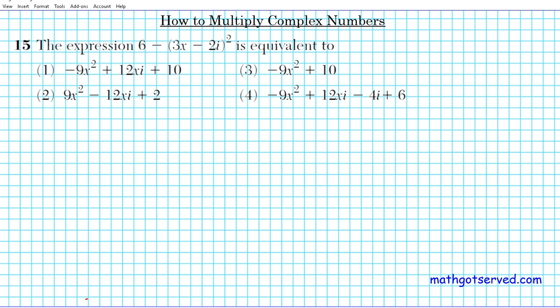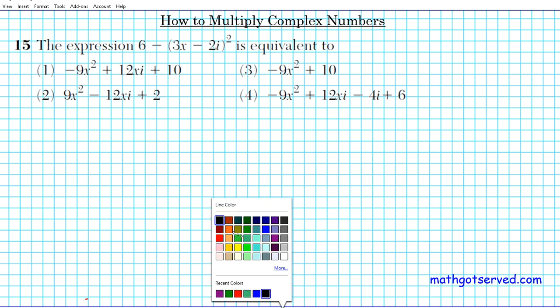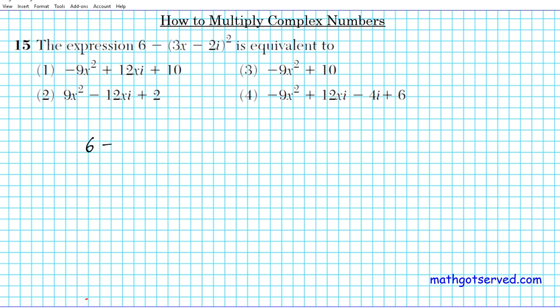In order to simplify this expression, we will have to multiply complex numbers. So, 6 minus the quantity 3x minus 2i squared. Since this quantity is being squared, we're going to write this as 6 minus 2 copies of this quantity multiplied by each other. That's what squaring a quantity is.